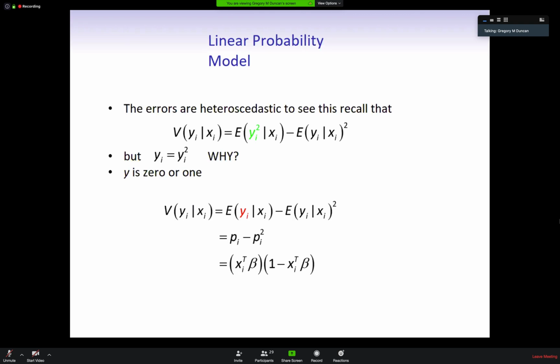So y squared is y. So we plug that into the formula. Now we have that the expected value of yi squared given x is the expected value of y given x, which is pi.